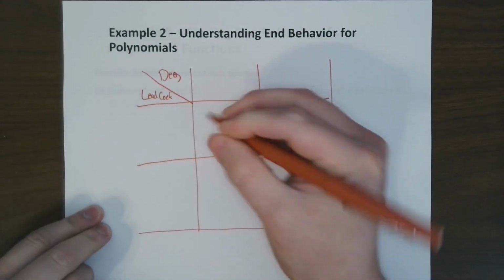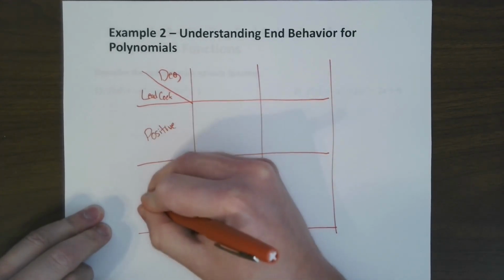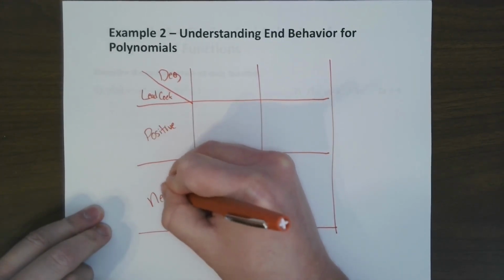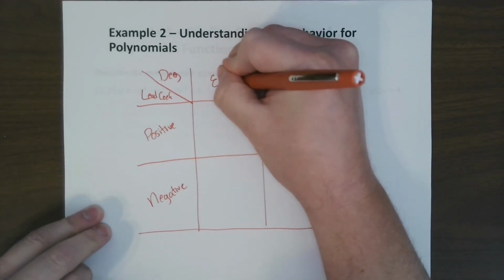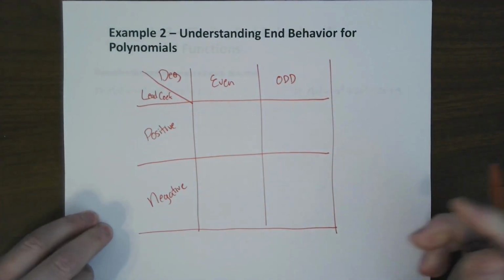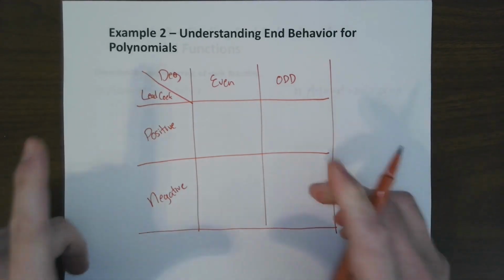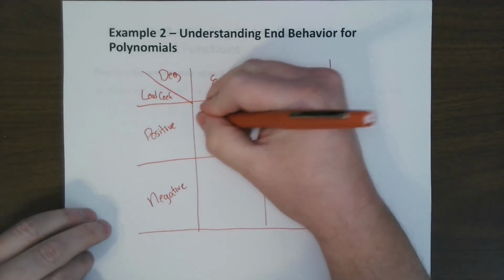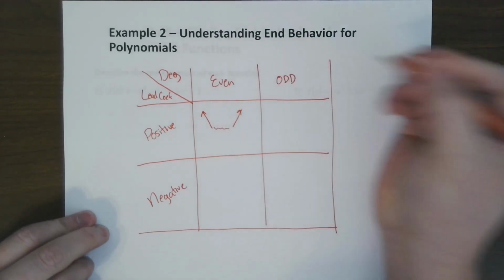So the leading coefficient is either going to be positive or it's going to be negative. And the degree is either going to be even or odd. So using this, we have an idea. If it's even, it makes like a U shape. So it's going to go up, do whatever curves, and then end up.